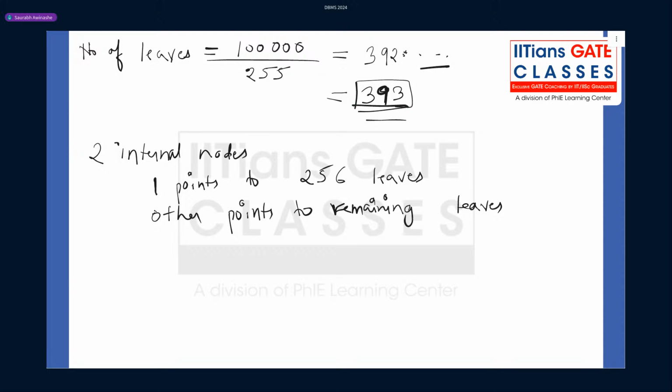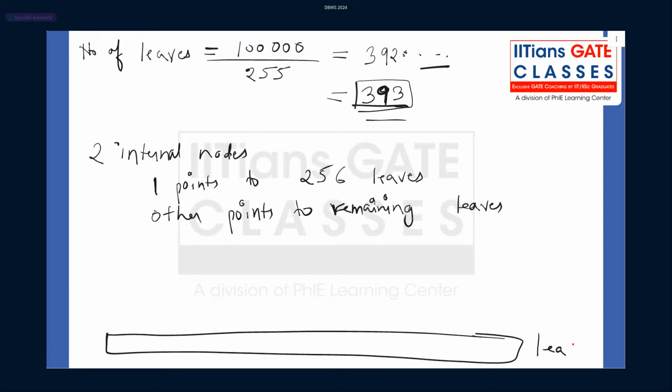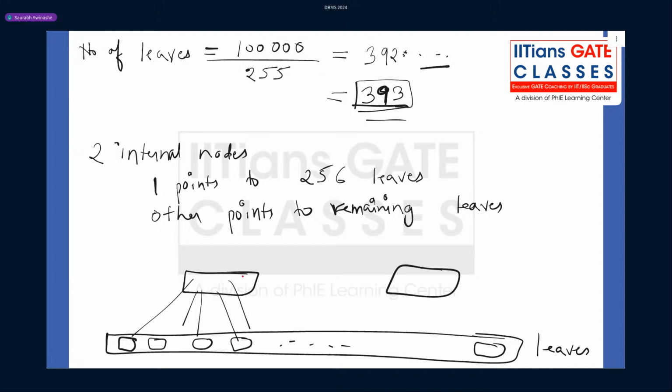So we have two internal nodes, right? So we have these. This is the leaf level where the 393 leaves are there. We have leaf 1, leaf 2, leaf 3, leaf 4, and so on up to 393. We have two internal nodes. This points to, let's say, 256 of the leaves, and this points to the rest of the leaves. And we'll add one root node that points to this.